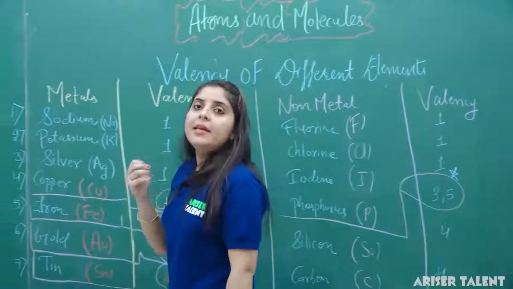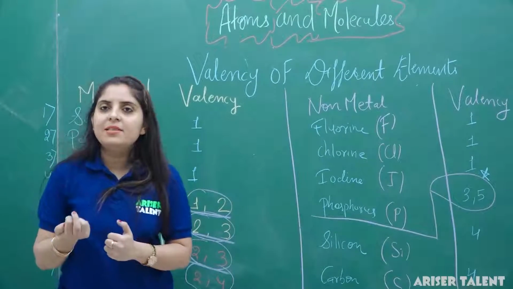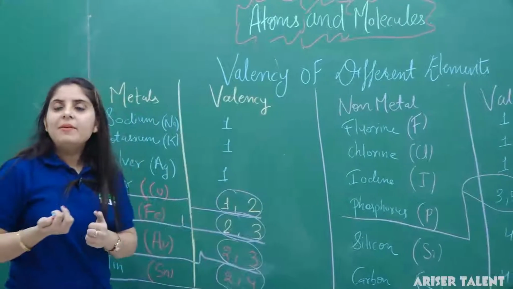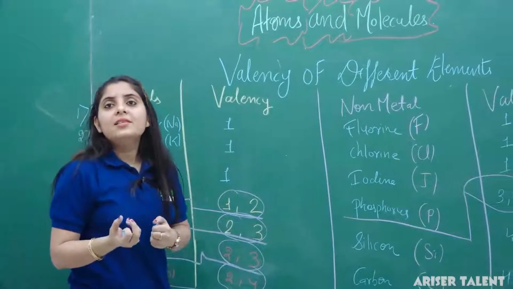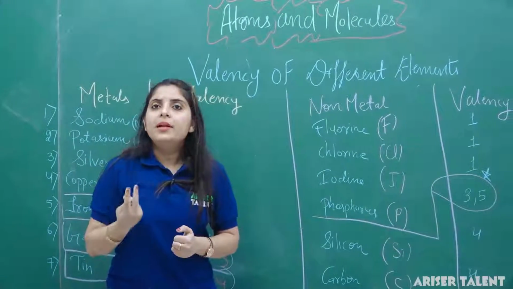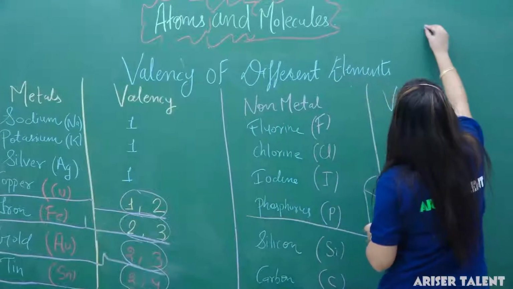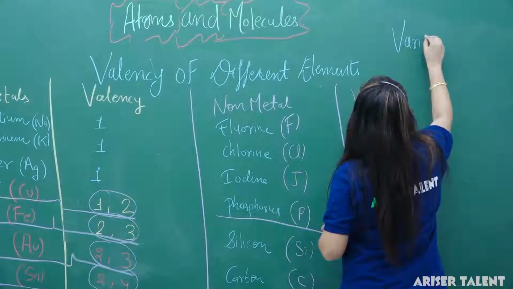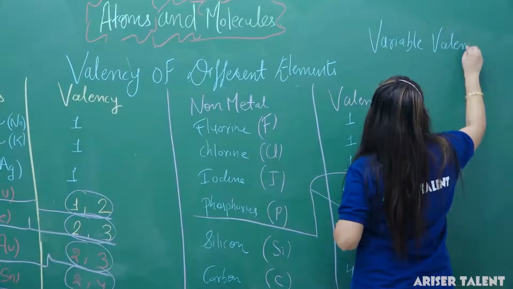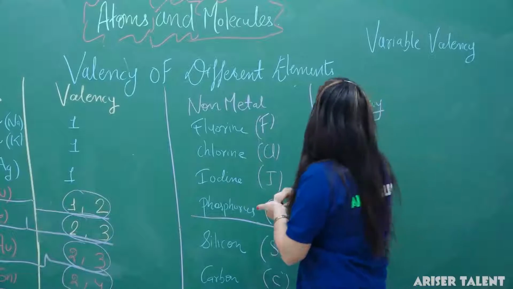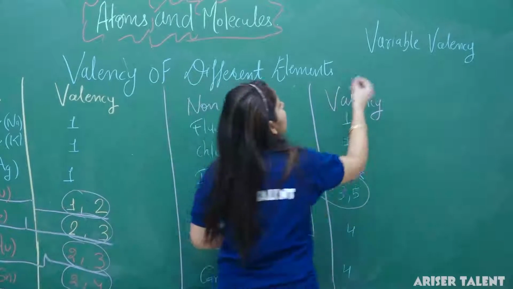Here we are going to discuss a new term, called variable valency. What actually is variable valency? Variable valency means an atom will vary its valency.